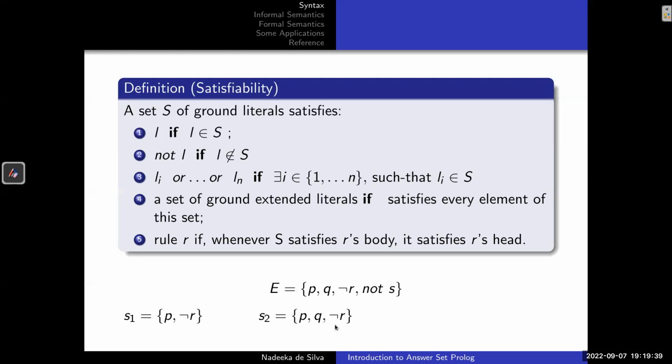So this set S2 satisfies all the literals, so S2 satisfies E according to 4. Then S3 contains S. So according to 2, S3 is not satisfying not S. So S3 again is not satisfying E. So here I can say S2 satisfies E.